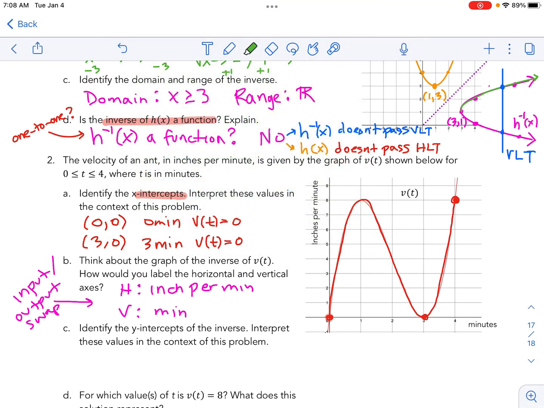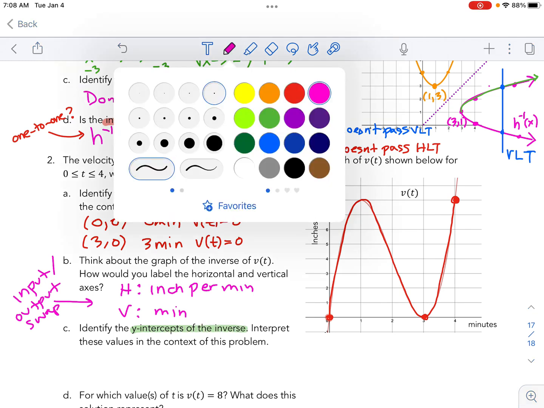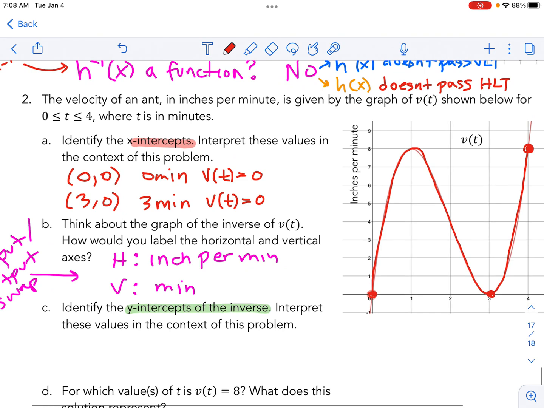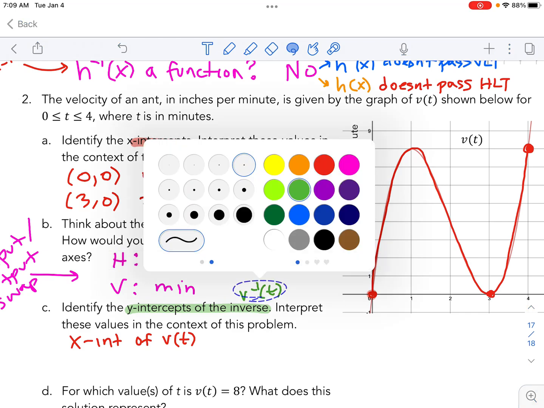So think about that. Y-intercepts of the inverse, those are the x-intercepts of v of t, the original function. Right? The inverse is v minus 1 of t. That would be the inverse. I'm going to write that in green.